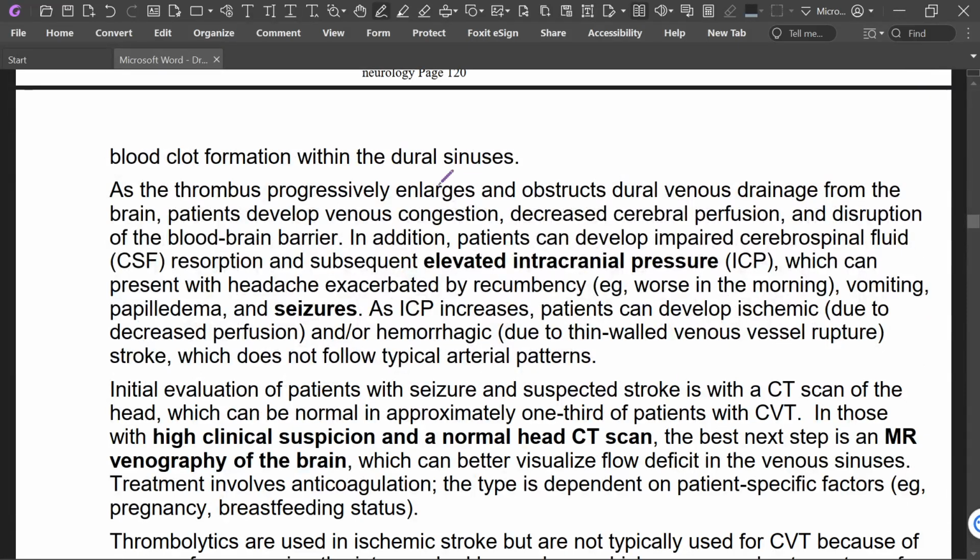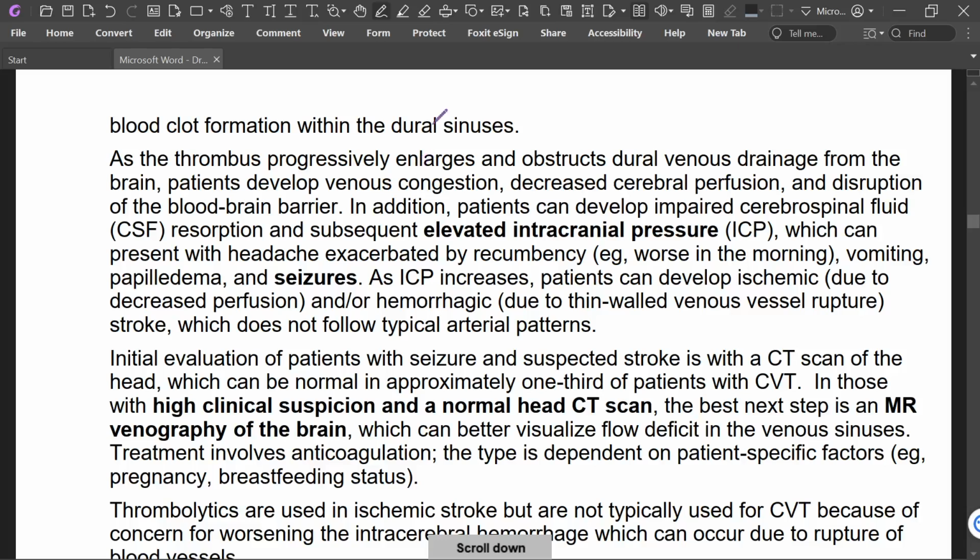As a thrombus progressively enlarges and obstructs the dural venous drainage from the brain, the patient develops venous congestion, decreased cerebral perfusion, and disruption of the blood-brain barrier.